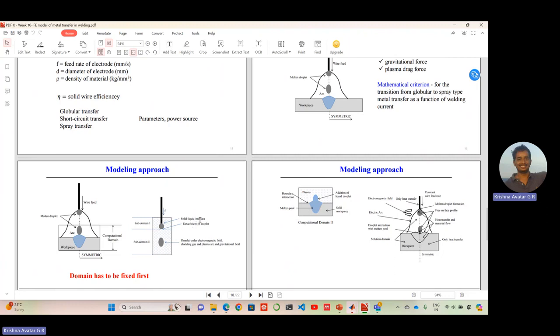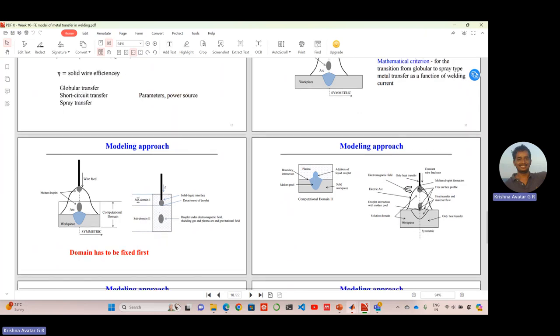We come from here, just before the droplet drops off, and the other subdomain is where the droplet is under the electromagnetic field, shielding gas, plasma arc, and gravitational field. So this is the ambient environment of the falling droplet. So we have divided this computational domain into two aspects.